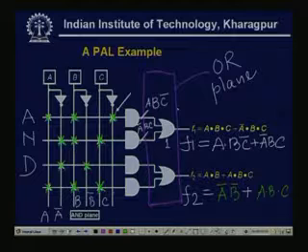So, this is a restriction of PAL. It is already pre-designed that my output function is the sum of 2 minterms only. But the minterms can consist of any of the literals.